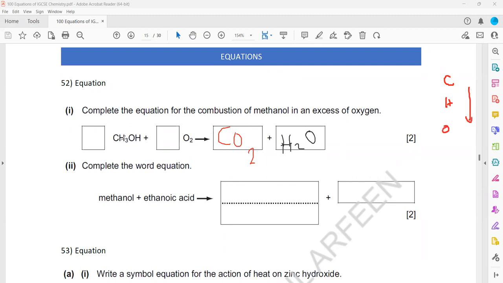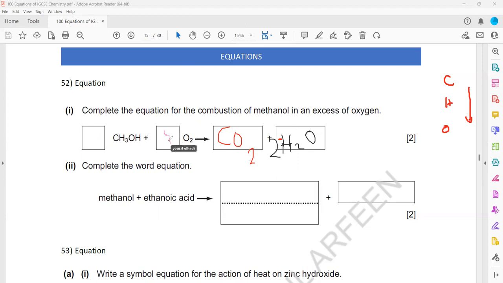So we start with carbon. Carbon is already balanced, so we don't have to put anything. Then hydrogen: 3 plus 1, 4 are there, so we put 2, and hydrogen is balanced. What about oxygen? There are 2 oxygen here and 2 oxygen, 4.